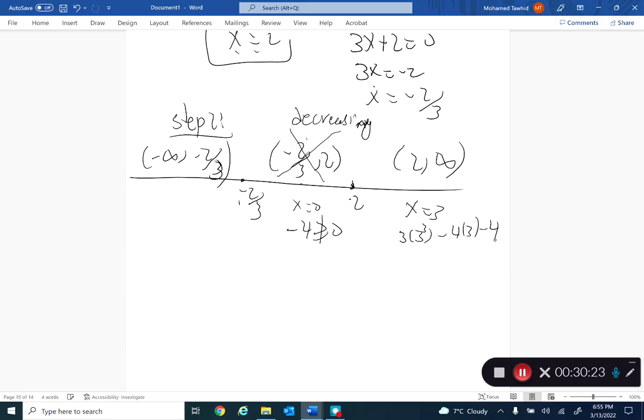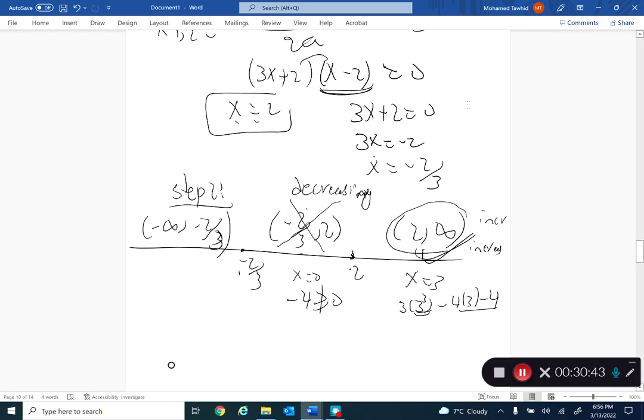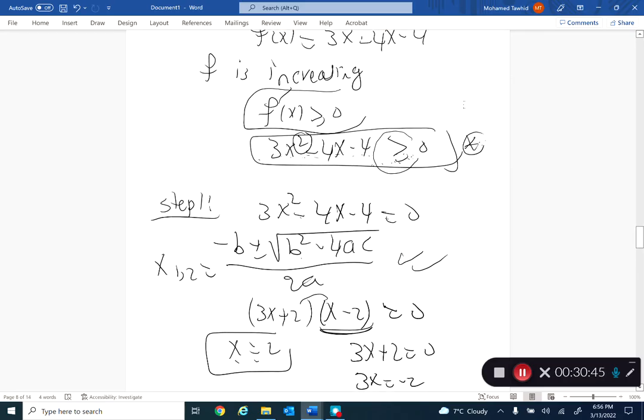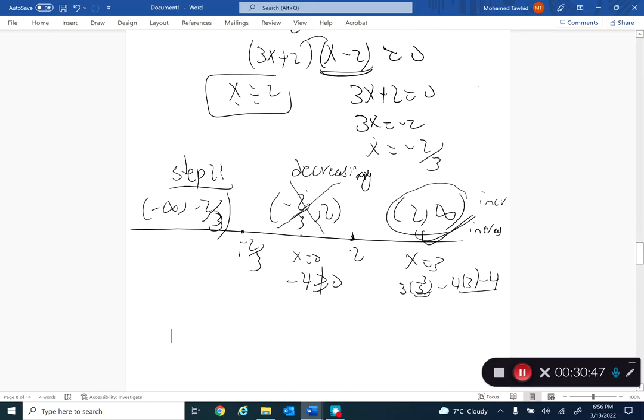If I simplify this, it's 27 minus 12 minus 4, and it's very clear this one is positive. So this is where the function is increasing, because your derivative is positive.